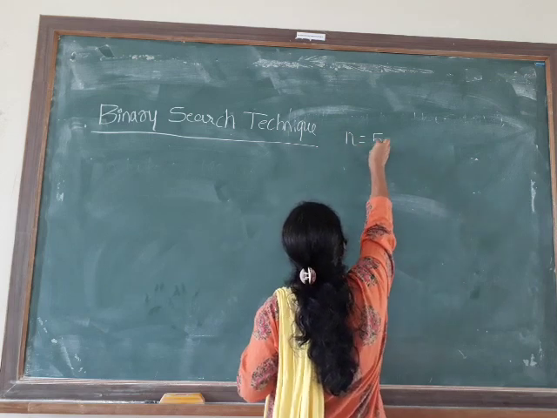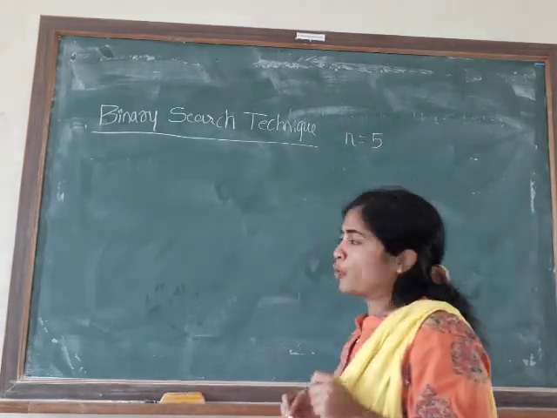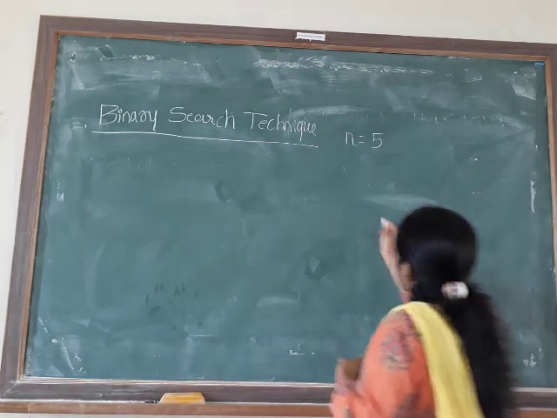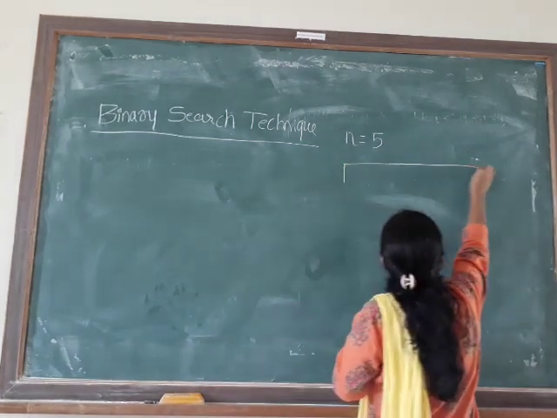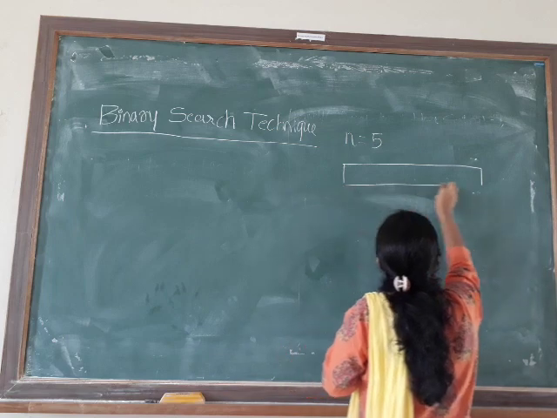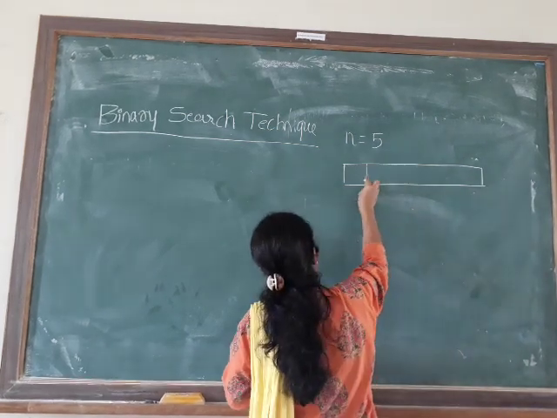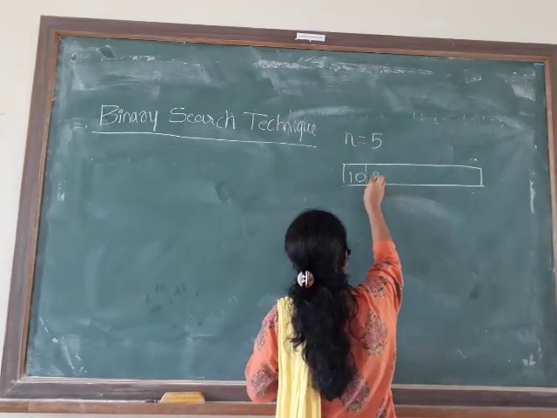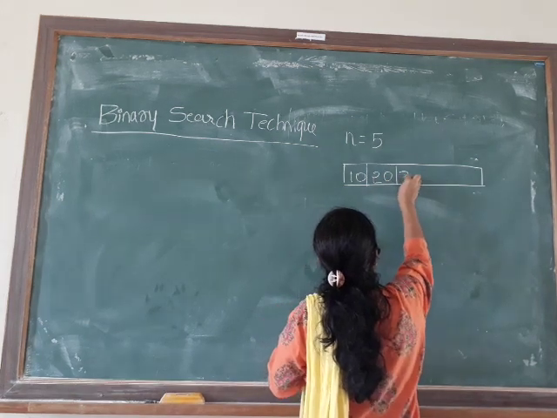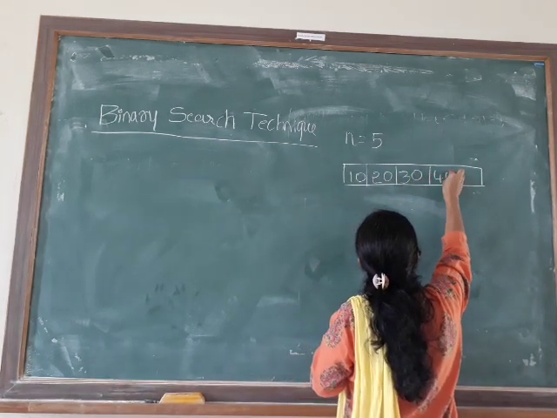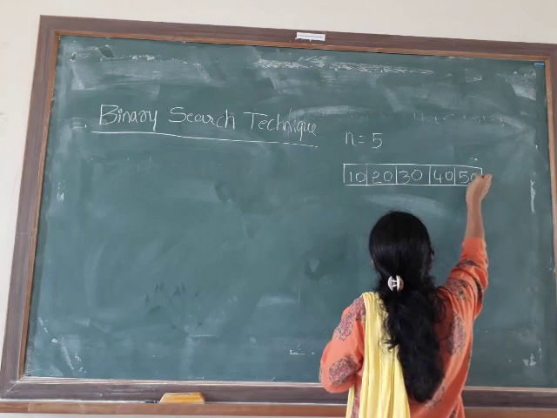If I take the size of the array n is equal to 5, let me consider some array elements in increasing order. I take 10, 20, 30, 40, 50.